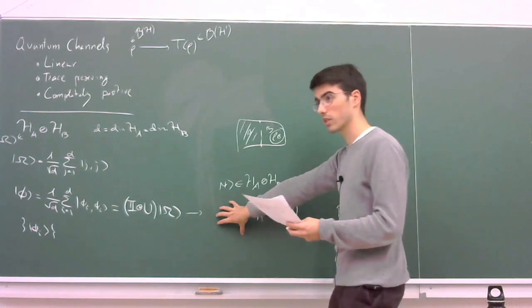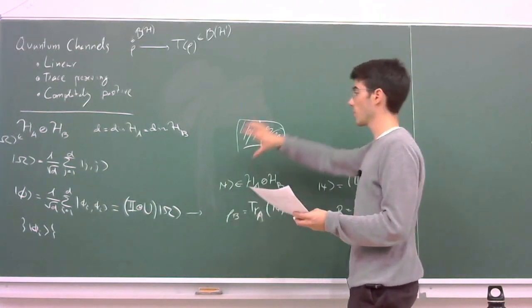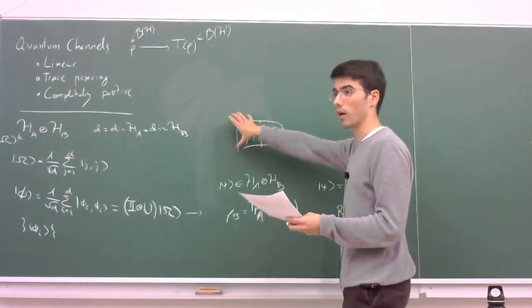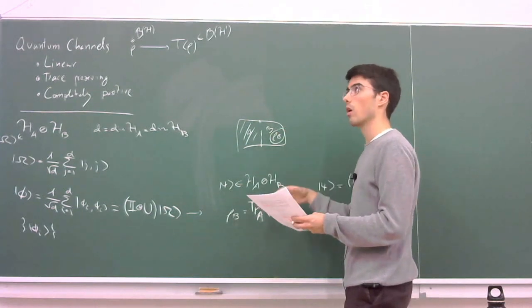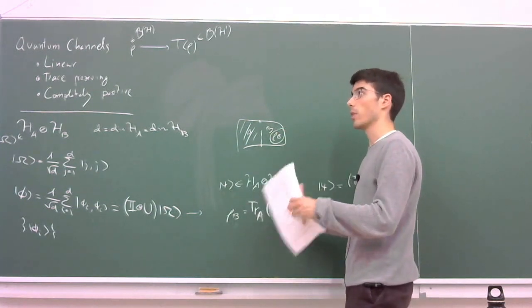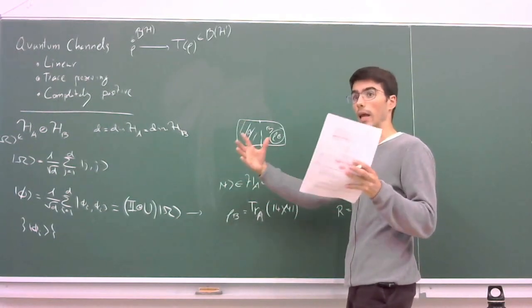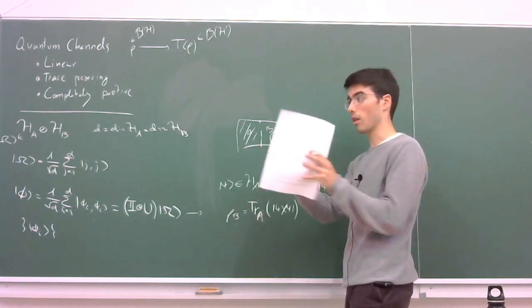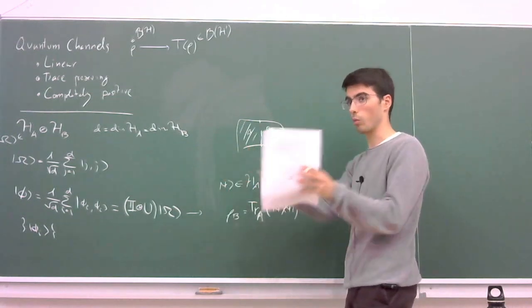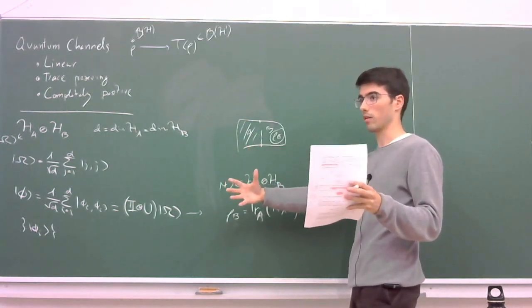Any density matrix, rho B, can be expressed as the partial state of a purifier of a pure vector state in a duplicated system, in a dilated system.